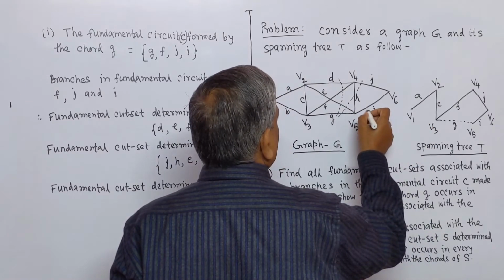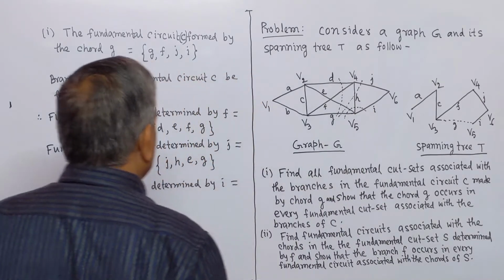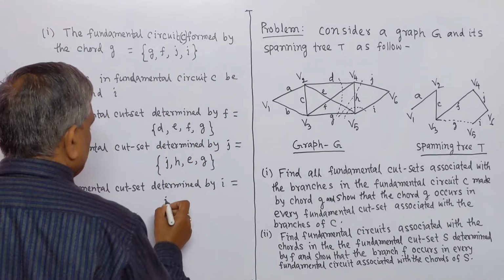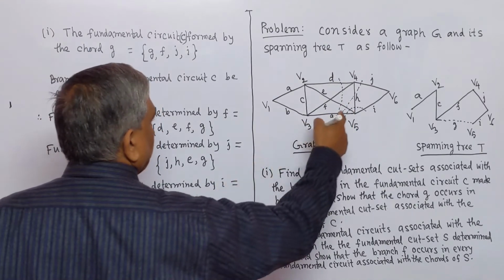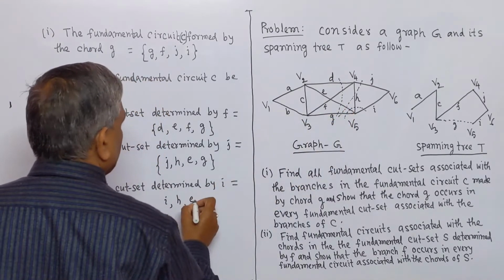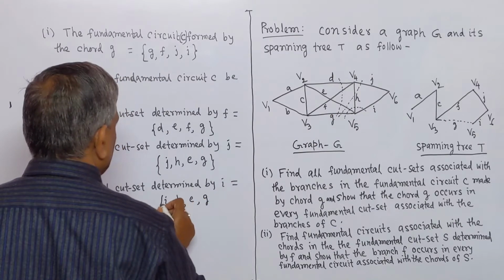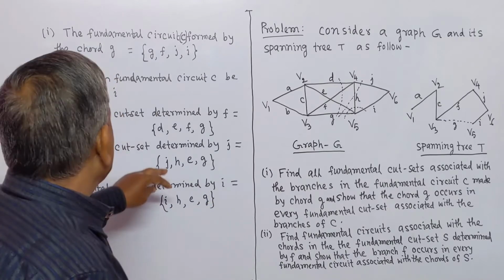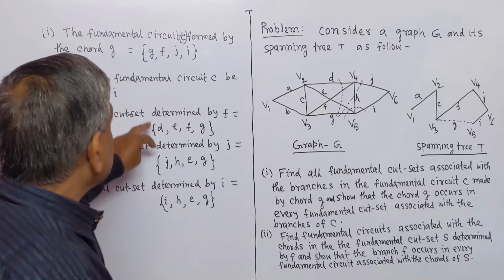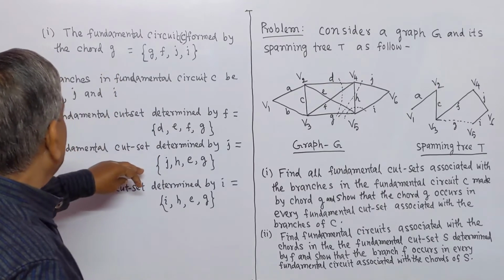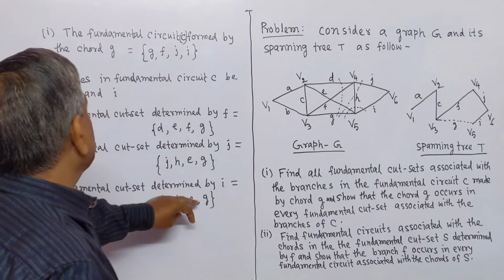So we take this fundamental cut set like this: I, H, E, G. These are three fundamental cut sets determined by branches F, J and I.